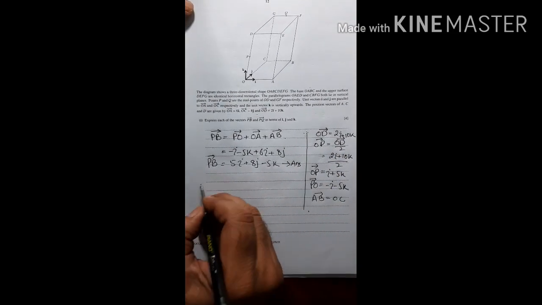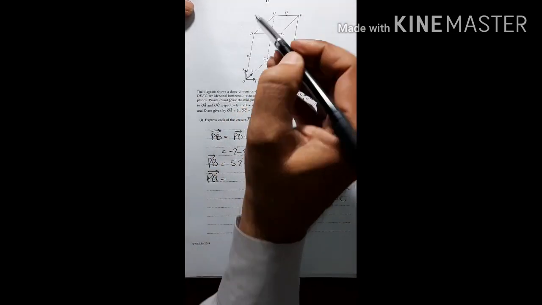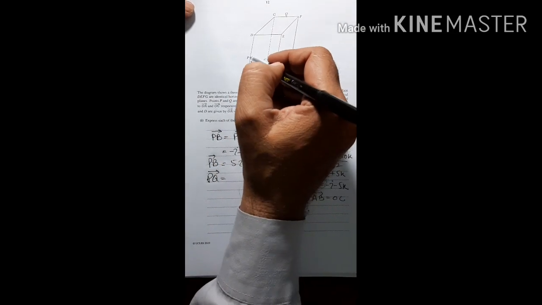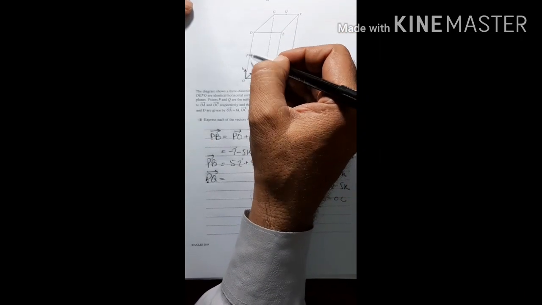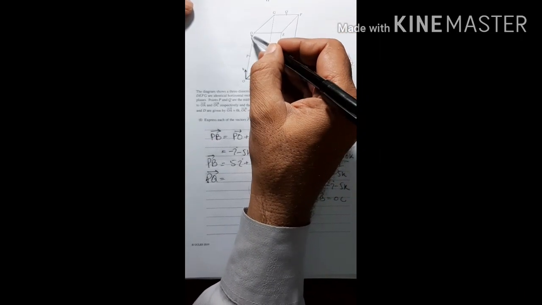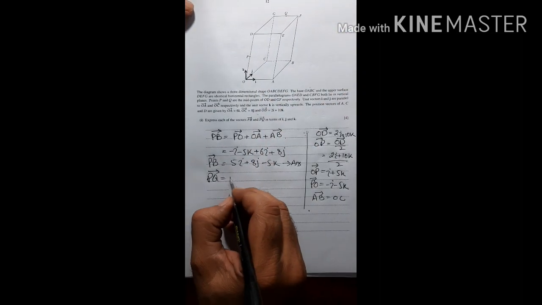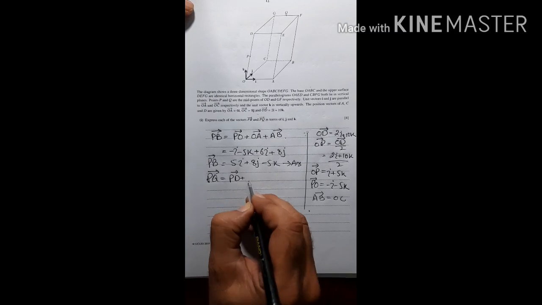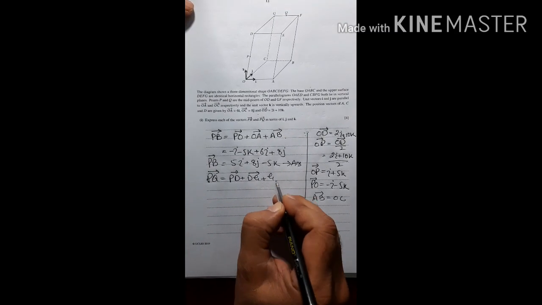Now PQ. We are here and we have to go to Q. So for this we'll use the route PD plus DG plus GQ.